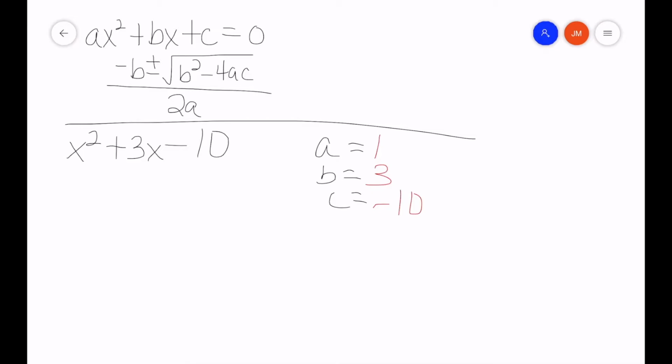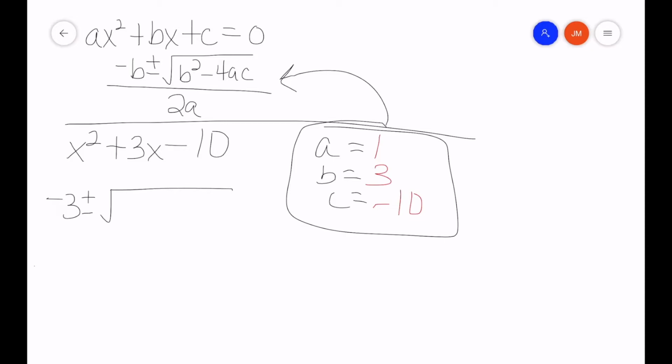So from here we can plug these values into our quadratic equation. So I have negative b, which is negative 3, plus or minus the square root of b squared, which is 3 squared, minus 4 times a, which is 1, times c, which is negative 10, all divided by 2 times a, which is 1.